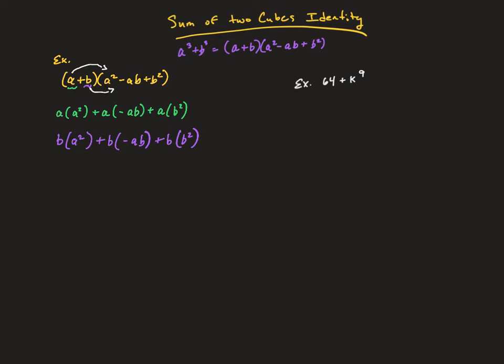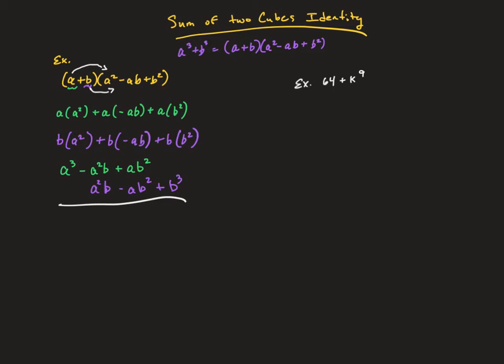And let's see here. When I write those out, looks like I have a cubed minus a squared b plus a b squared. And that was me multiplying these out. Now I'm going to multiply the other factors out. So it looks like I have a squared b minus ab squared plus b cubed.